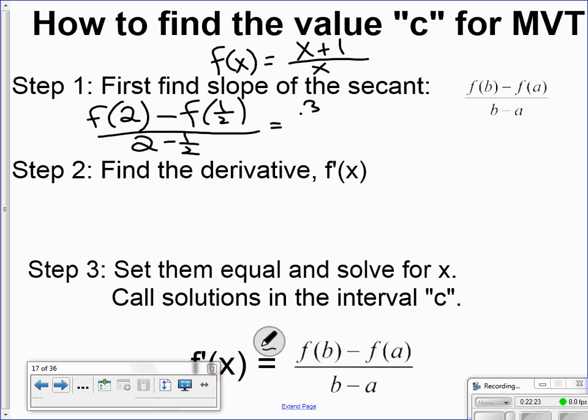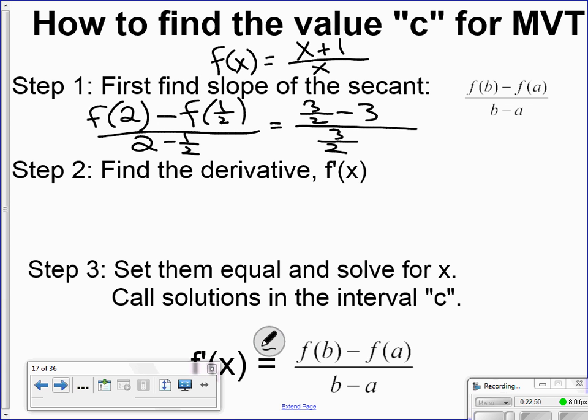Okay, ooh, this is going to be a fun one. Minus f of 1/2. So 1/2 plus 1 over 1/2. What is that going to be? 3. The denominator is 2 minus 1/2. 3 halves. Okay, so the numerator is 3.